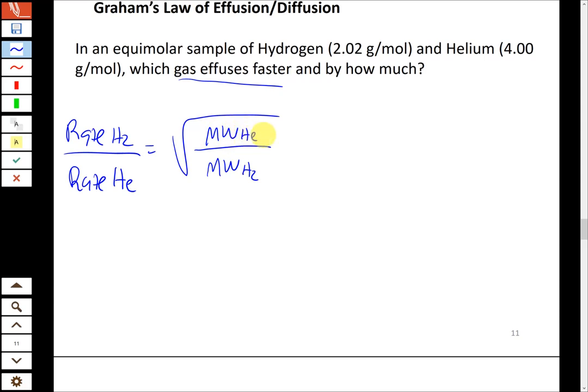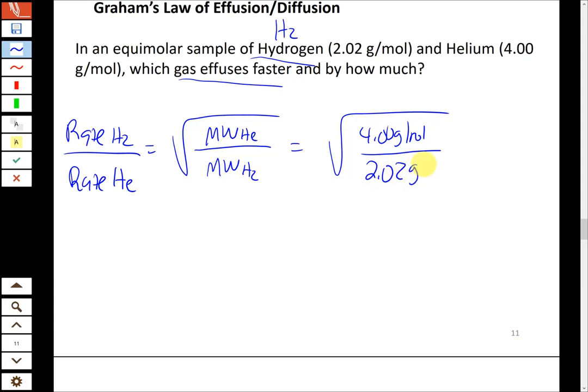And so to compare the rates, all we have to do is look at the square roots of these molar masses. So helium from the periodic table is 4.00 grams per mole. Hydrogen, H2. Remember, hydrogen is H2 gas. The standard state of hydrogen we talked about in chapter 7 is H2. So here we're talking about H2, which has a molar mass of 2.02.